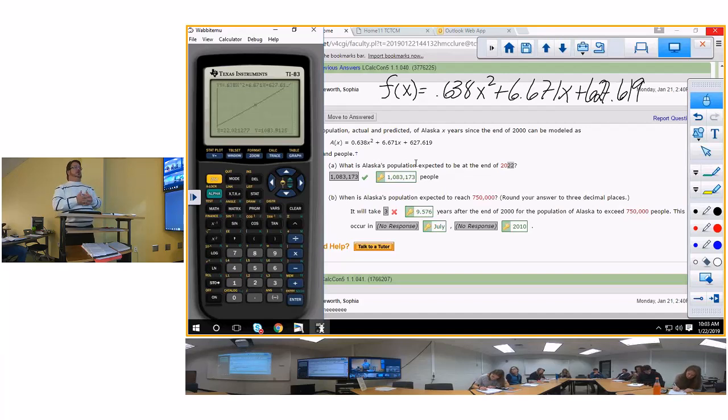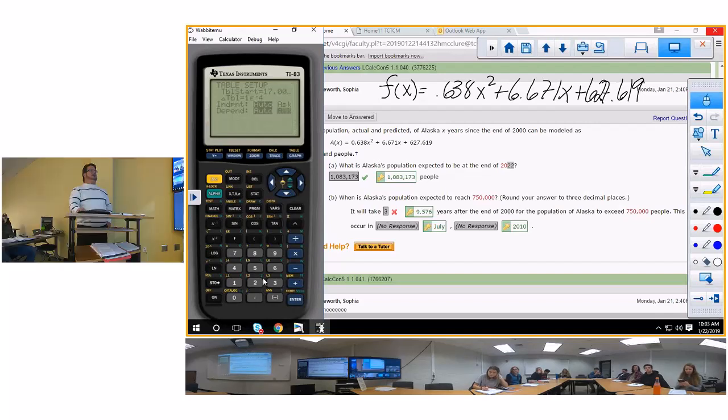It says B, when is Alaska's population expected to reach 750,000? Well, you need to find 7,500. You need to find 7,500. Now, you can ask for the independent variable. You can go in there and ask for that. Second table set, and I'm going to put auto there, and ask here.